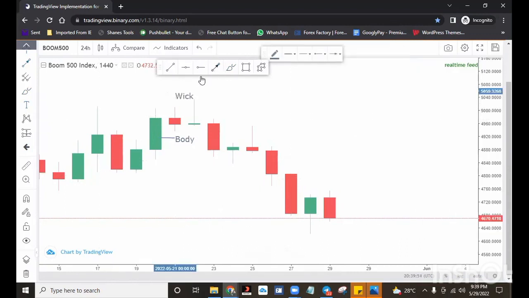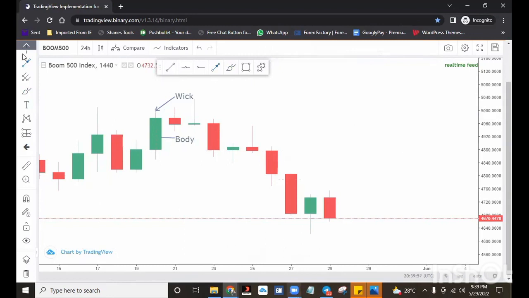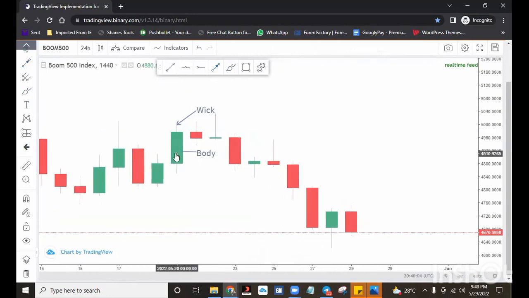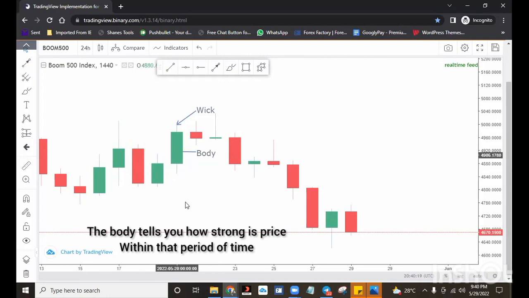This is the wick. So this is the body of a candlestick, and this is the wick. Now, the body enables you to know how strong price is within that period of time.